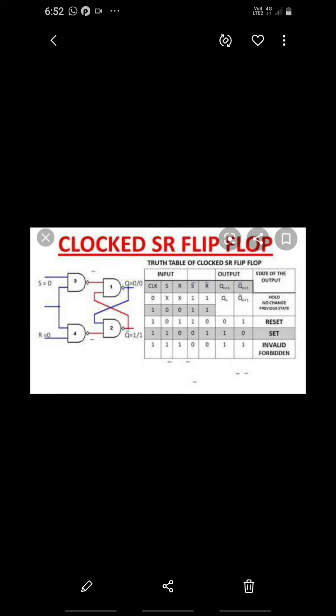If S is equal to 0 and R is equal to 0, then the output of NAND gates 3 and 4 is high. Due to this, the latch will not change its output state, means previous state.